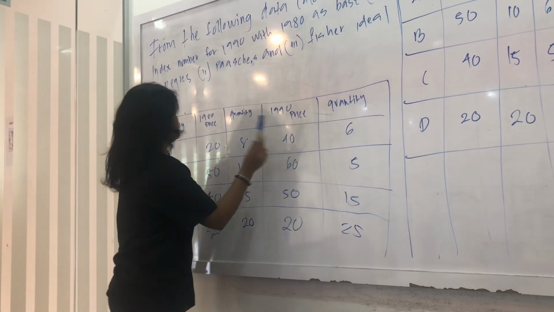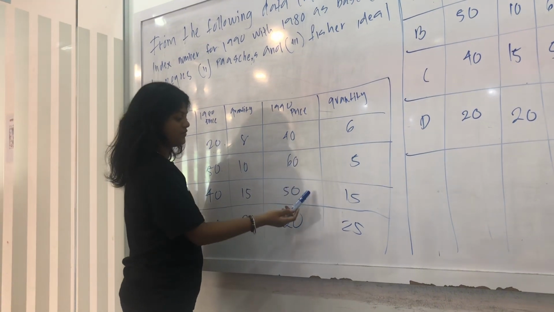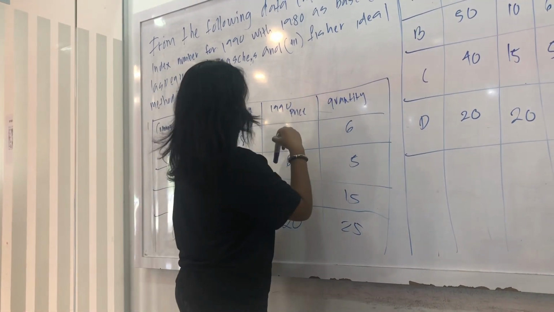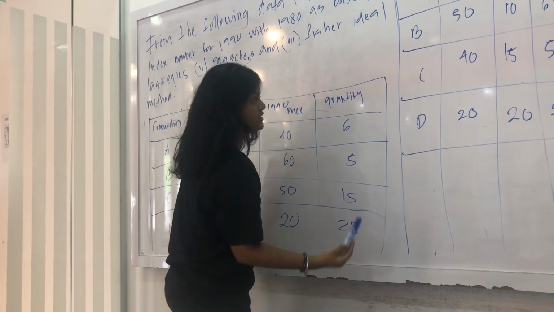The 1990 prices are 40, 60, 50, 20, and the quantity is 6, 5, 15, 25.